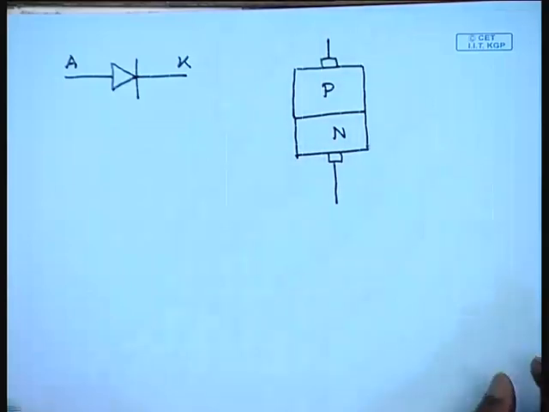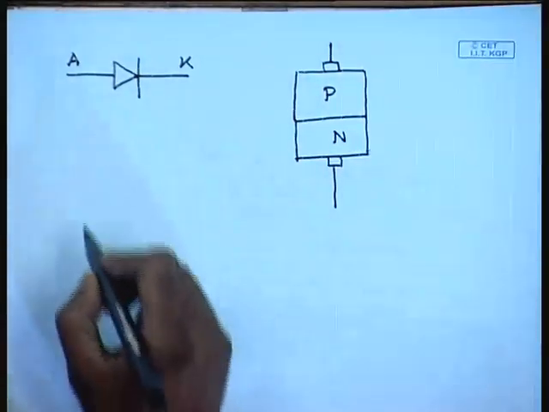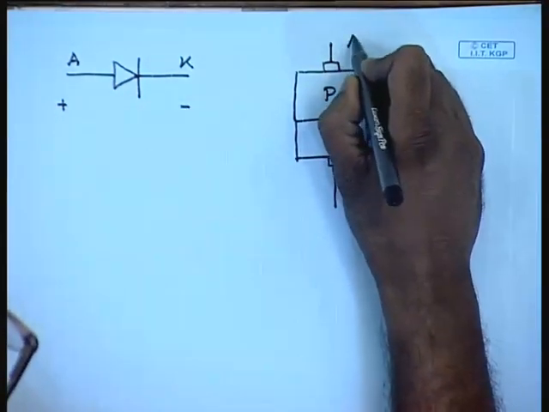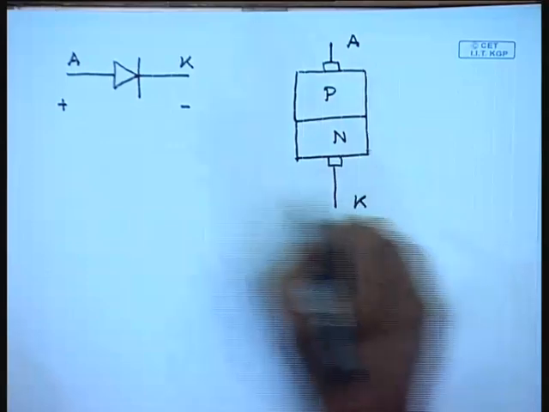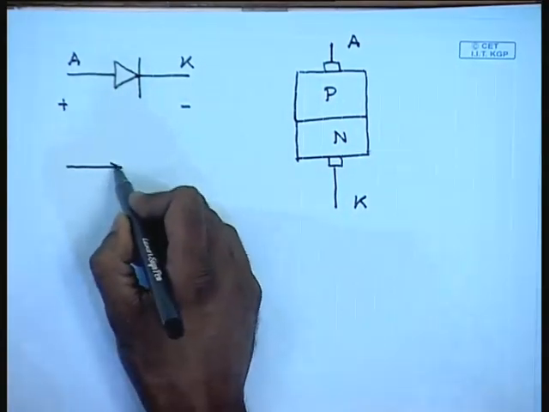The characteristic of a diode is that if you apply a positive voltage between the terminal anode and the terminal cathode, then it behaves like a closed switch with very little voltage drop.